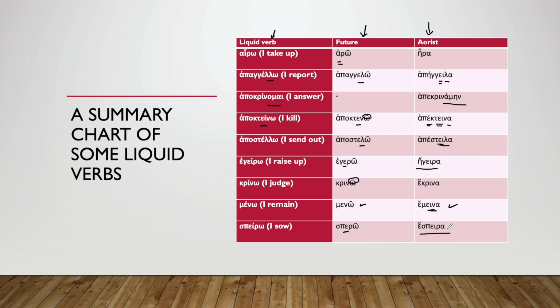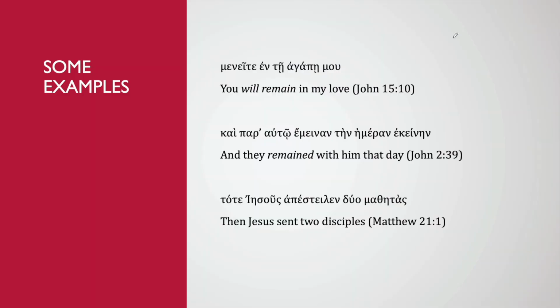Those are the typical liquid verbs that we find in the Greek New Testament, and that's just a summary. There are others, and again, just be aware that the future forms may be different than the lexical form, and the aorist form may have a different stem. But in both cases, there's loss of the sigma tense formative, and that's important.